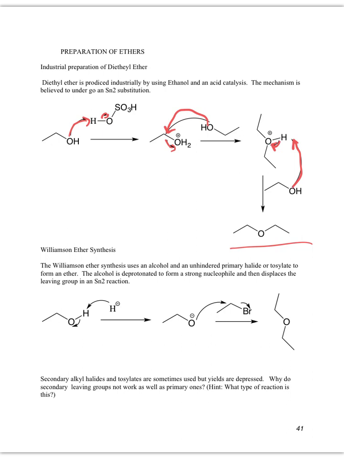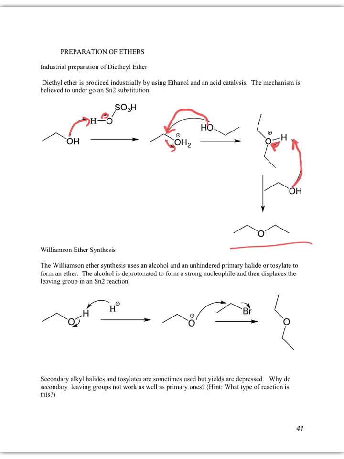Okay, believed to undergo an SN2 since it is a primary leaving group, but it works. If we use too much heat, we'll end up pushing it to eliminate instead of doing the substitution. So there is a line we have to be careful of as we do that.